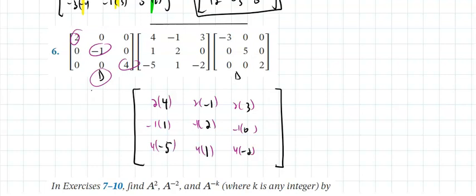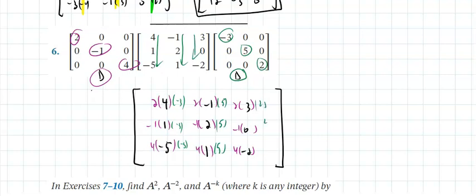And if I look at the diagonal on the right, the negative 3 is going to multiply column 1, the 5 is going to multiply column 2, and the 2 is going to multiply column 3. Now you could multiply them by traditional multiplication if you're really stuck, but this will make life a lot easier.